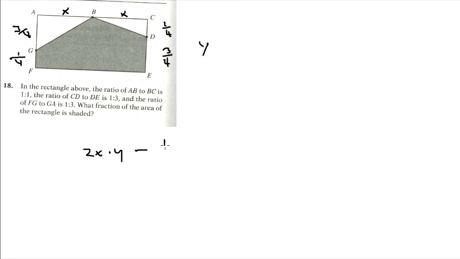So we have 1/2 of x times 3/4 y. So that subtracts away this. And then we have 1/2 of x times this, which is going to be 1/4 y.